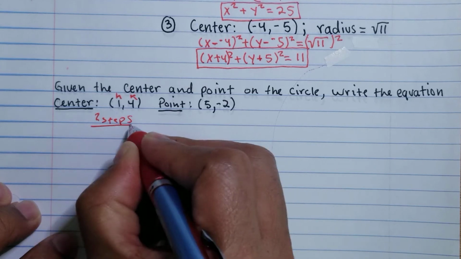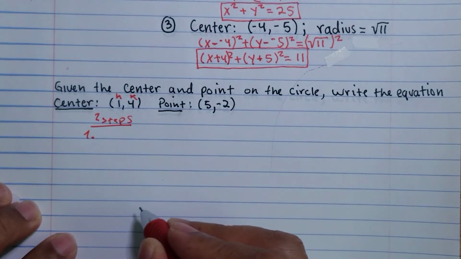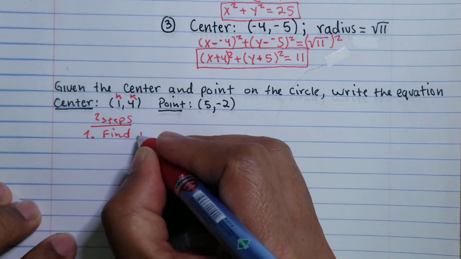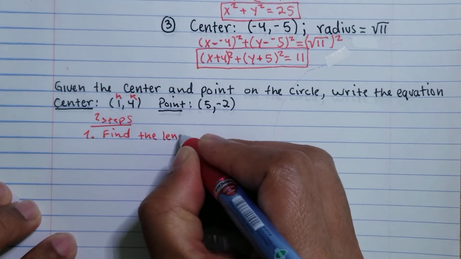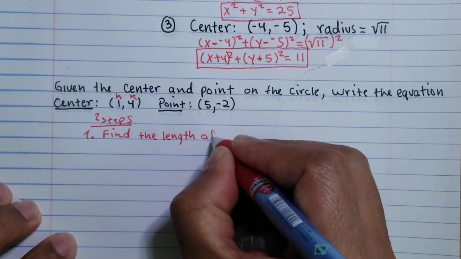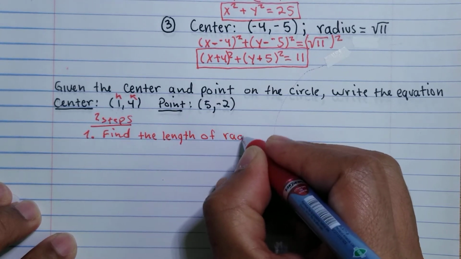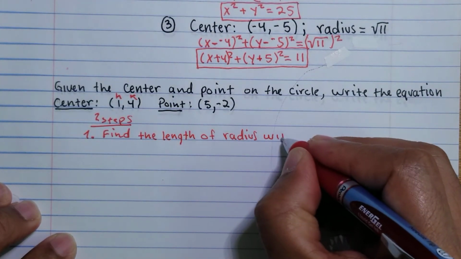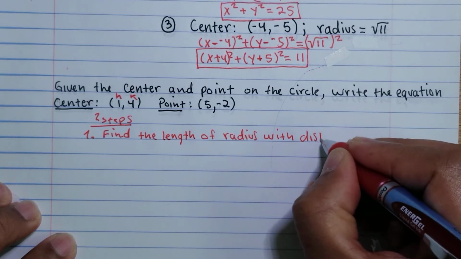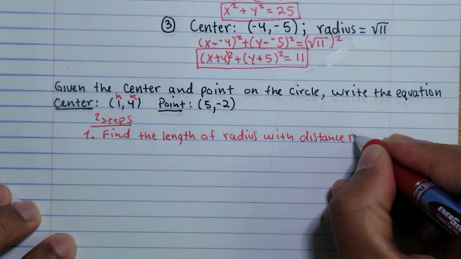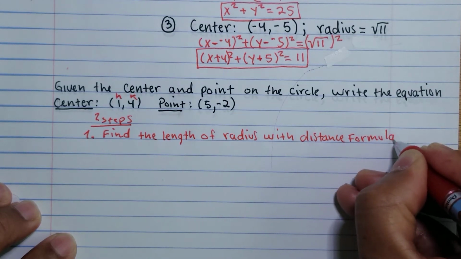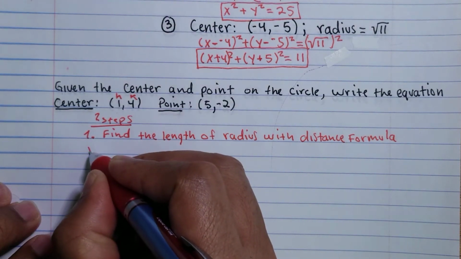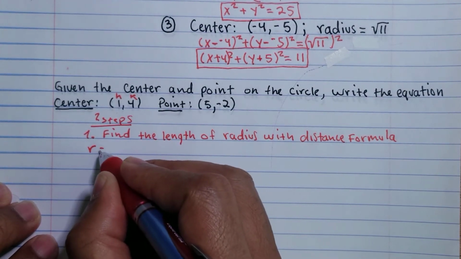Step number 1: we need to find the length of the radius, and for this I'm going to use the distance formula.